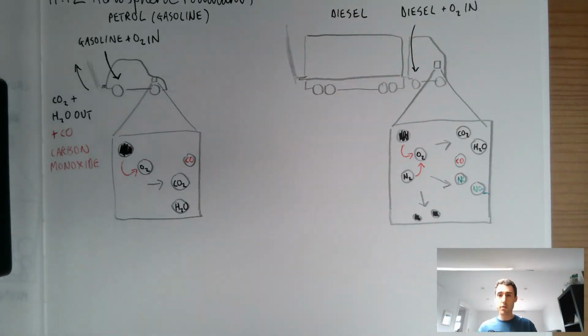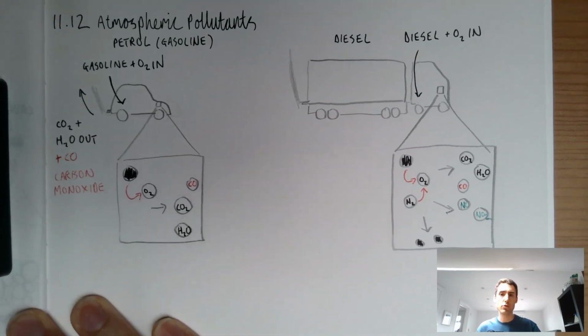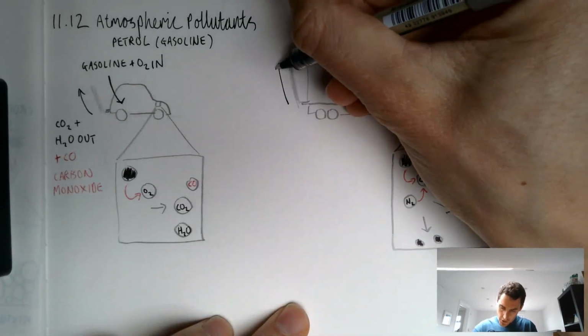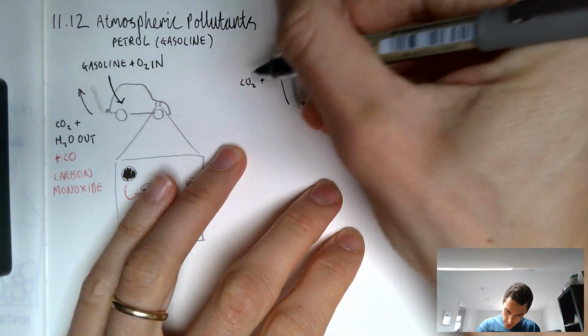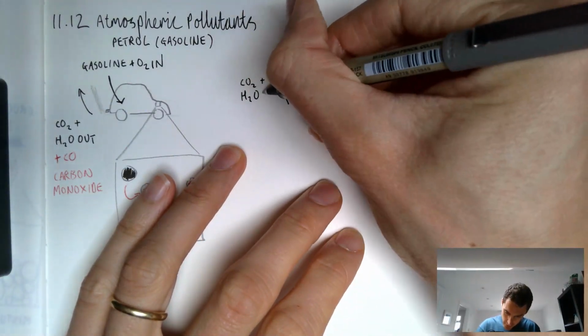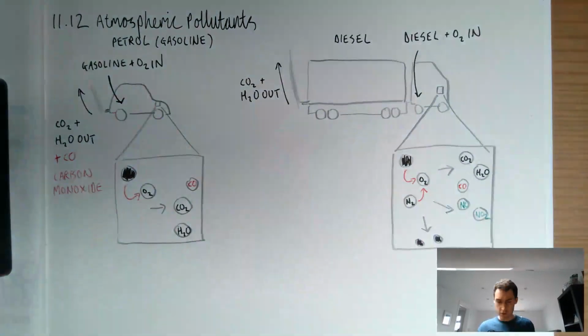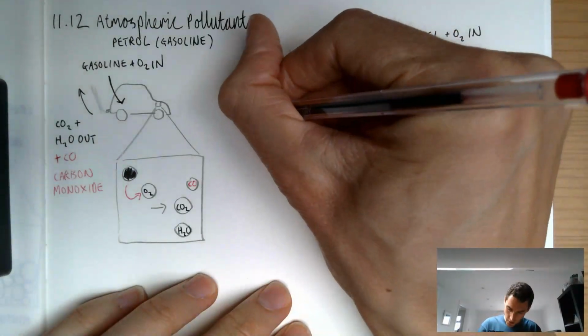But what's coming out of the back of a lorry is very different to what's coming out of the back of a petrol car. So we're getting much more stuff out. We are getting the CO2 and the H2O out, but we're also getting the carbon monoxide.